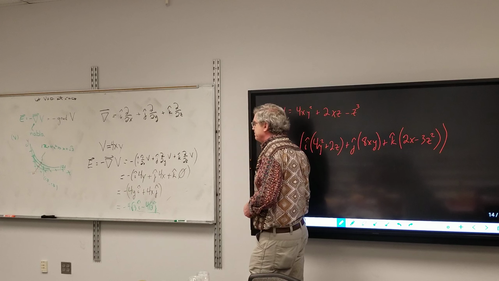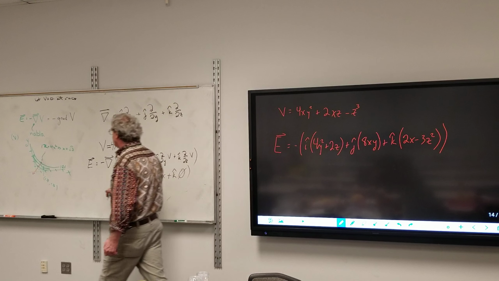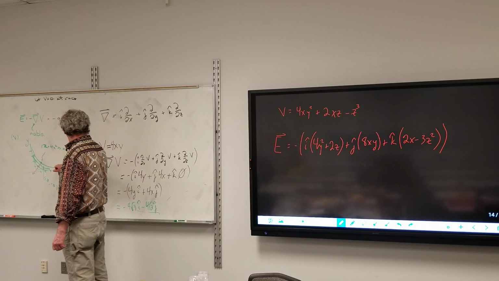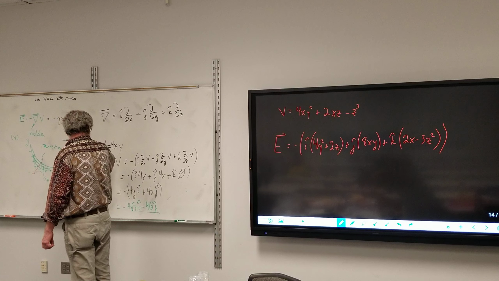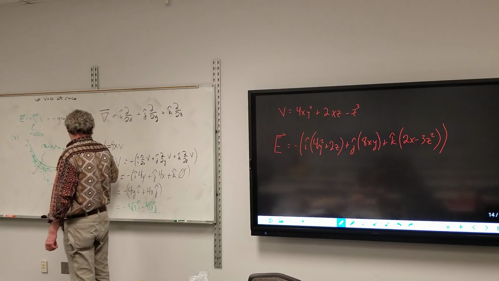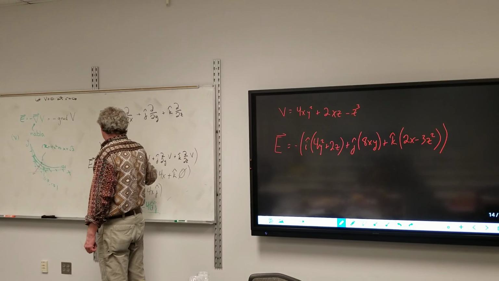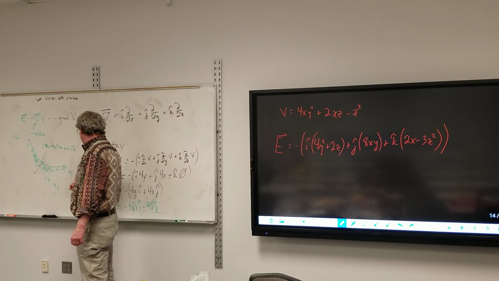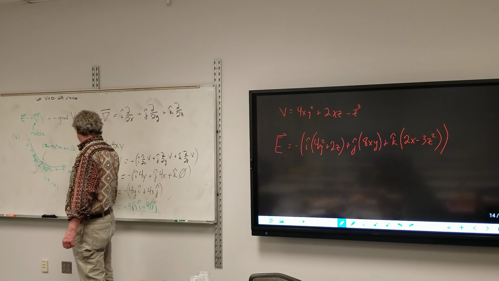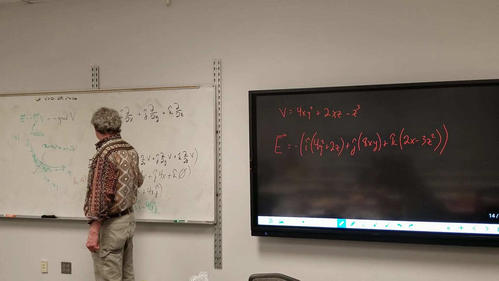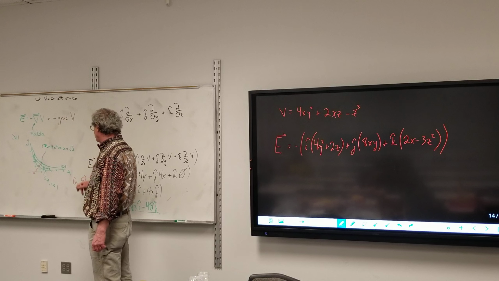Let's do one more. Let's take the point out here. If y is a half, x is 6, and so the point 6, 0.5. That should also give us 12 volts.